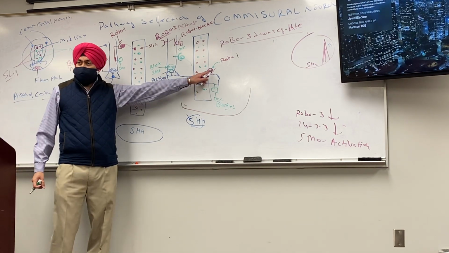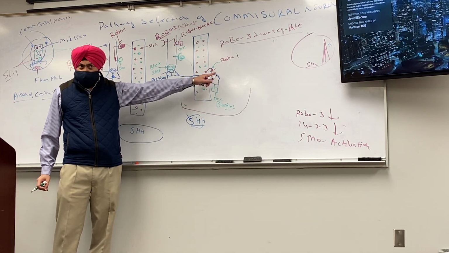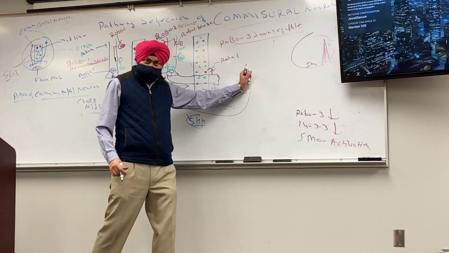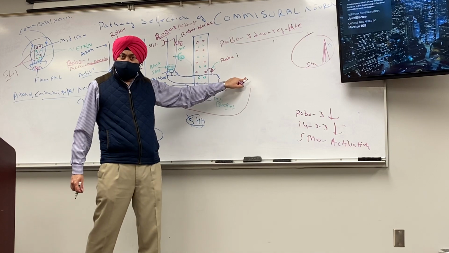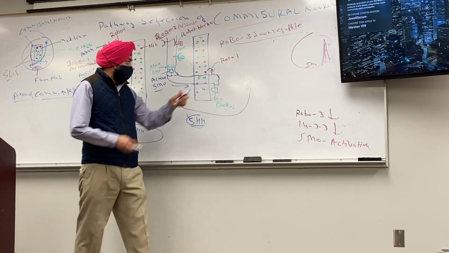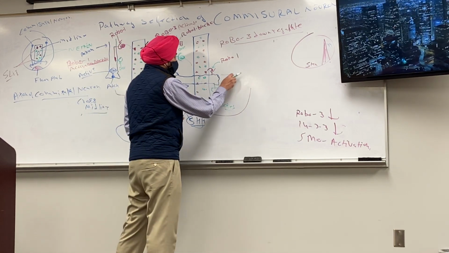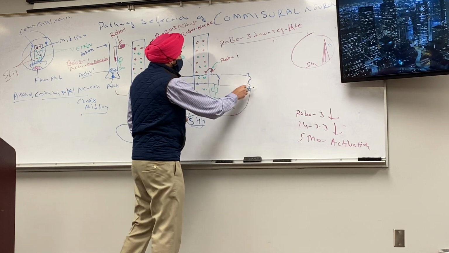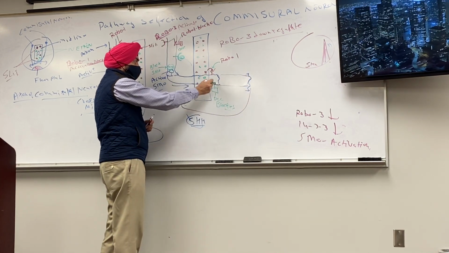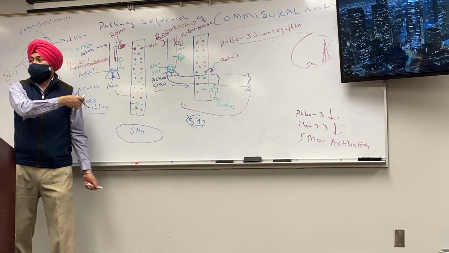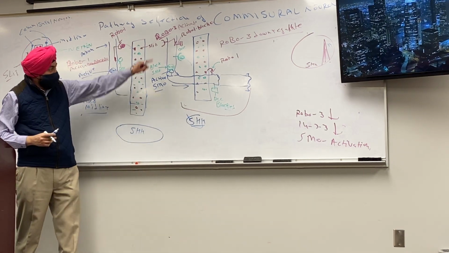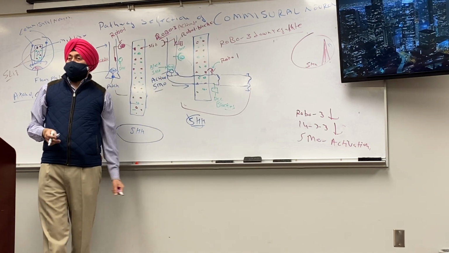Now Robo1 is a chemorepellent signal. Netrin is attractive, but netrin is blocked. Sonic hedgehog is attractive, right? So what is going to happen? This is going to move further, and because now you have Robo1 active here, it will not come back. Making sense? So in this way, it's going to cross the midline.